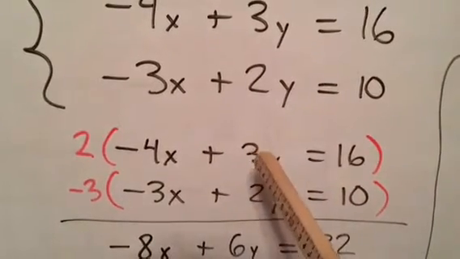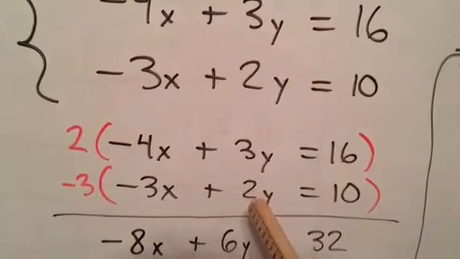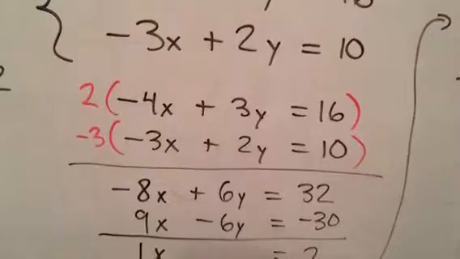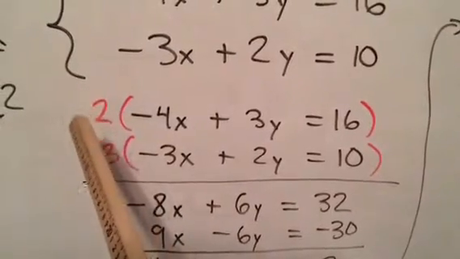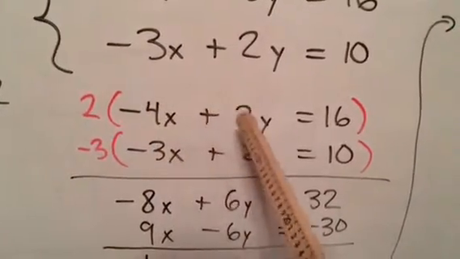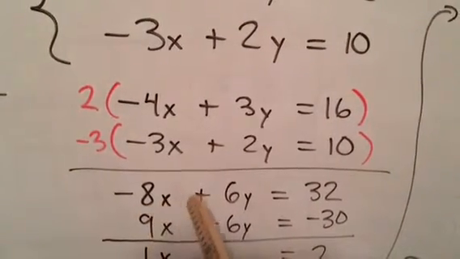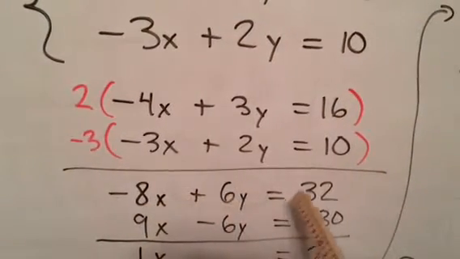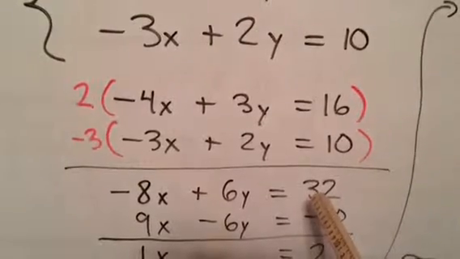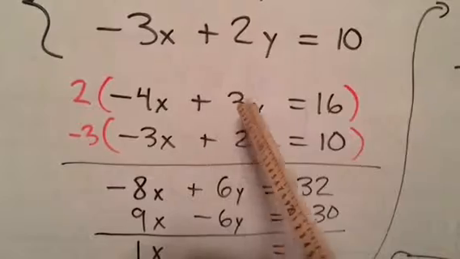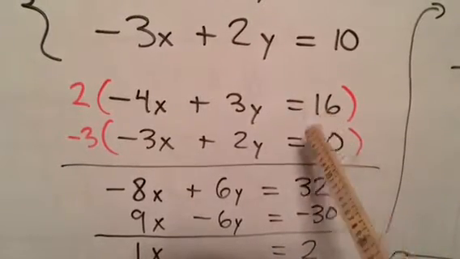And then the 6y and negative 6y would be able to cancel each other out. So the result of those multiplications: 2 must multiply by everything, making negative 8x, positive 6y equals 32, by multiplying 2 times negative 4, times 3, and times 16.